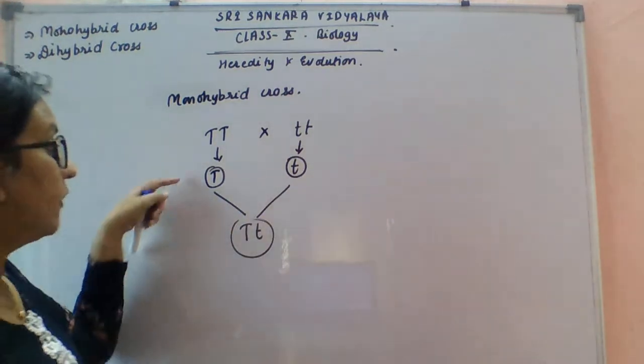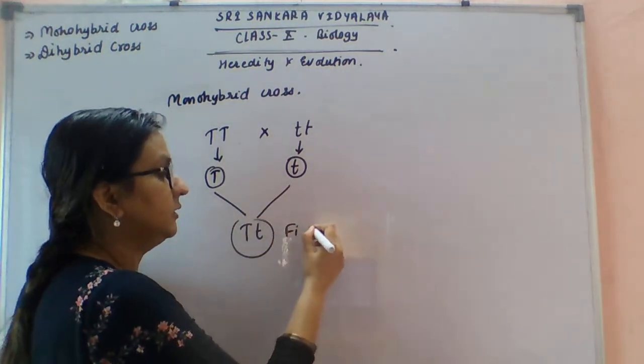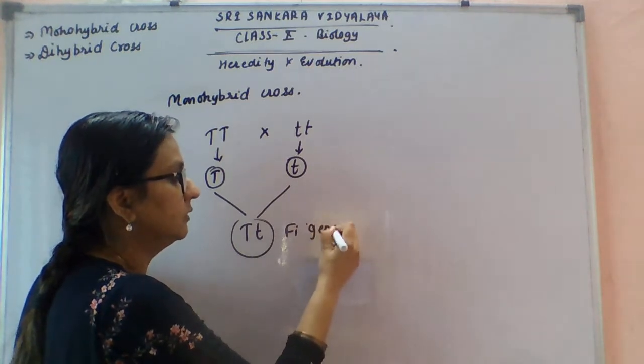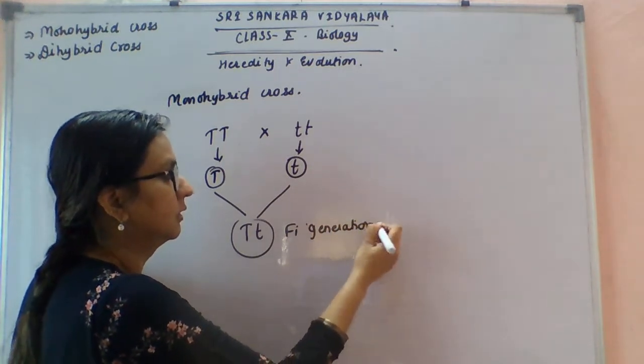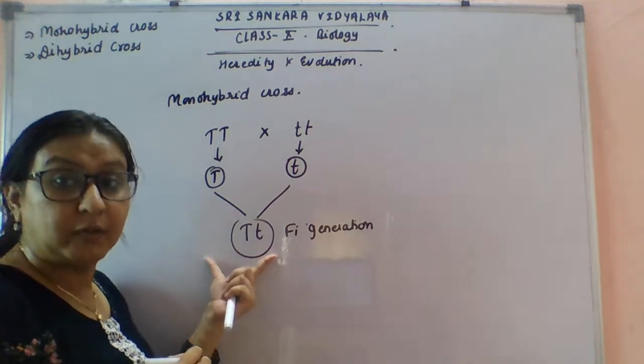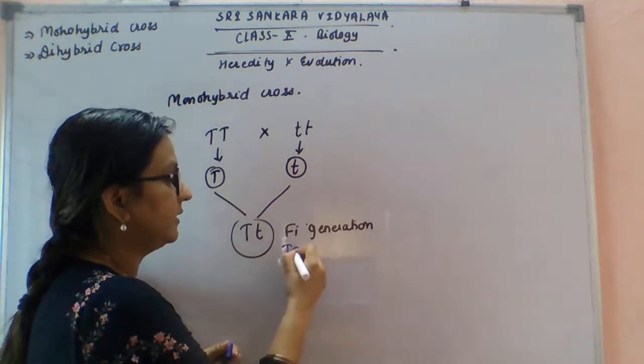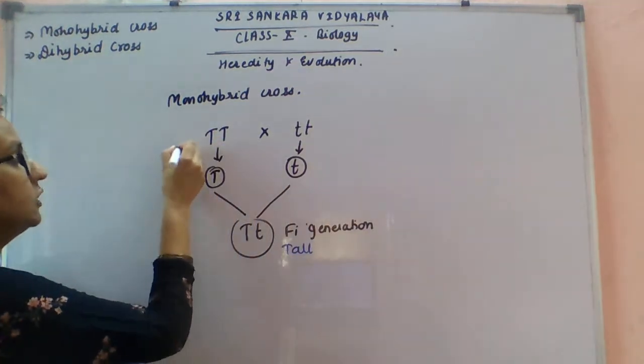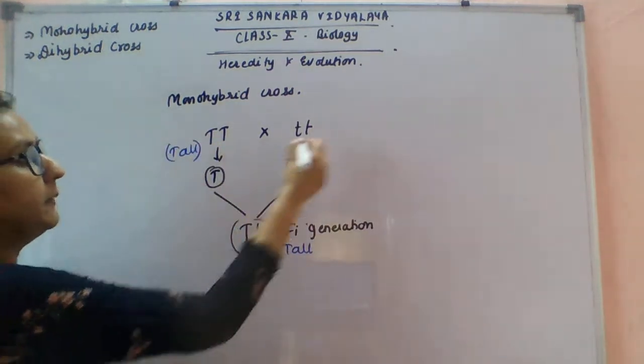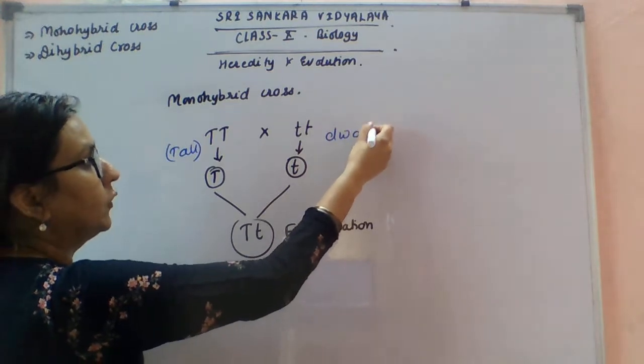Okay. So in the F1 generation, this plant will be tall. This was the tall parent, and this was the dwarf parent.